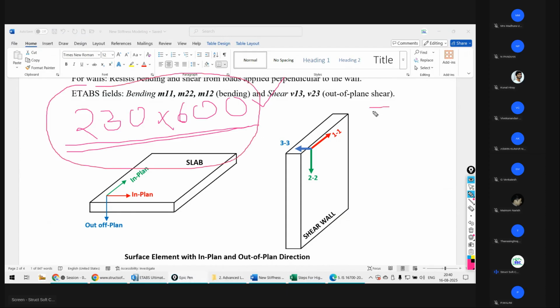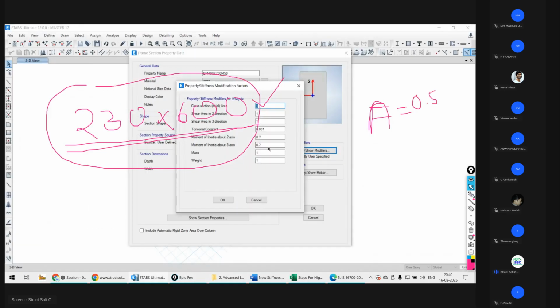So if I am going to consider 100% area, then 100% area consideration will be there. If I define area as 0.5, अगर मैं यहाँ पर area 0.5 लिख दूं, so actually section definition तो यही रहेगा, but only the area consideration will be 0.5. So automatically ये section size कम हो गई. अब ये actually for an example 115 by 300 instead, by changing this we are just defining 0.5 ratio.